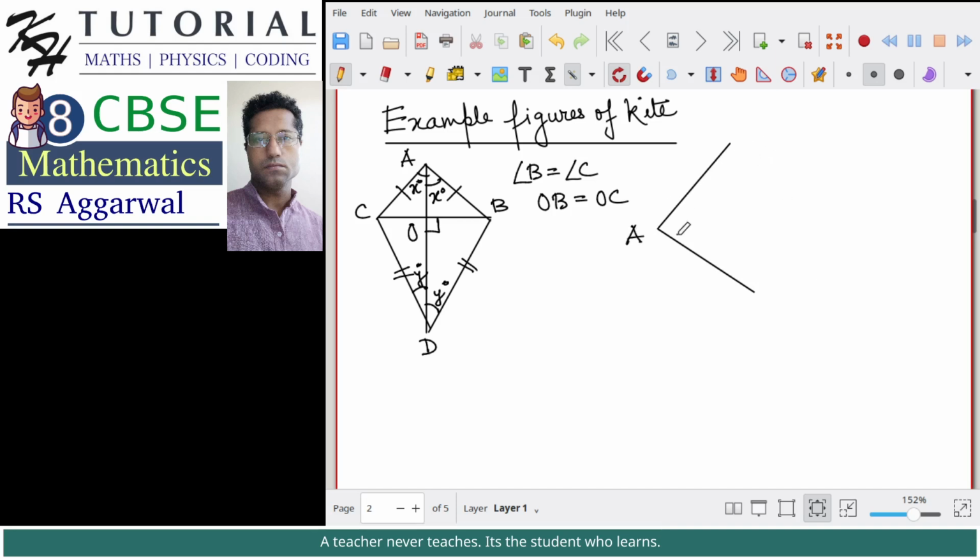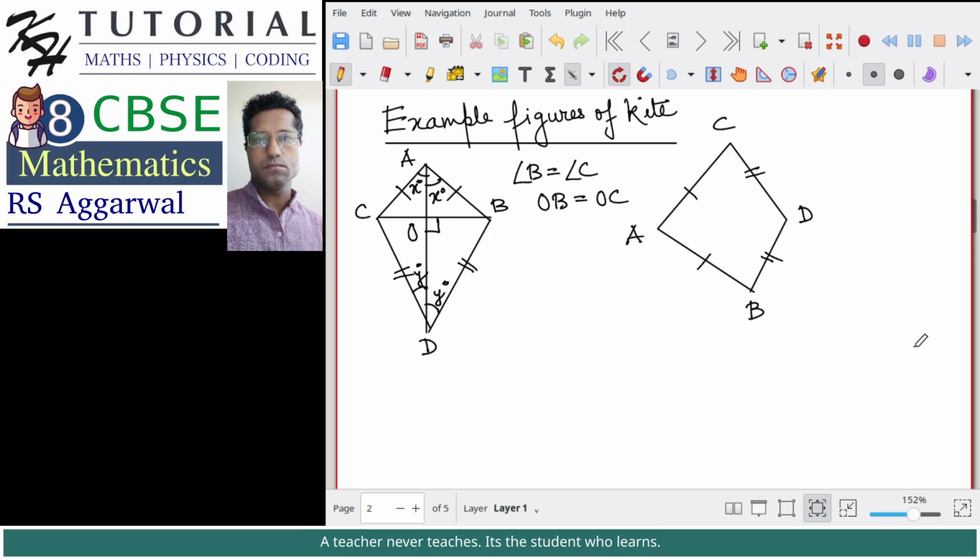Let's say this is A, B, and C, and let's say the other pair of opposite sides are... The diagram is not coming properly. I hope you will understand. So this is D. So AC is equal to AB and DC is equal to BD.